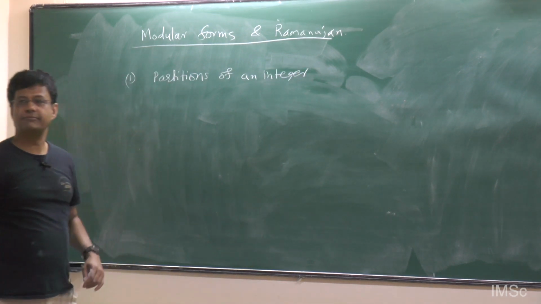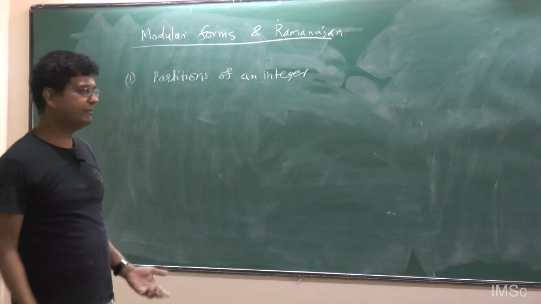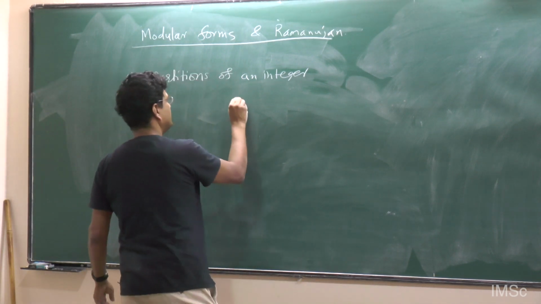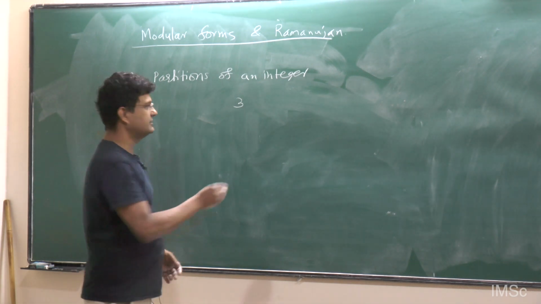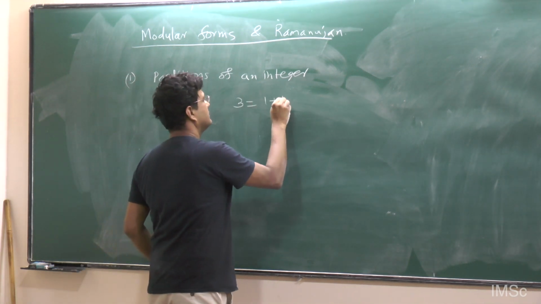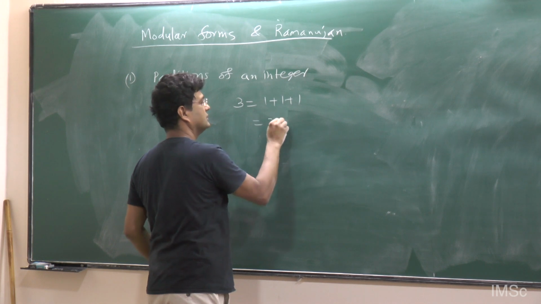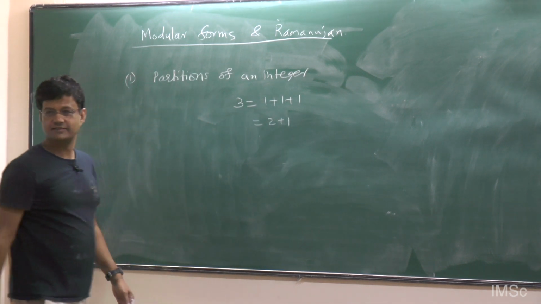It's a very simple problem. If I give you an integer, suppose I give you 3, how many ways can you write it? How many ways can you partition it? You can write it as 1 plus 1 plus 1 or 2 plus 1. There are 2 ways you can write it.